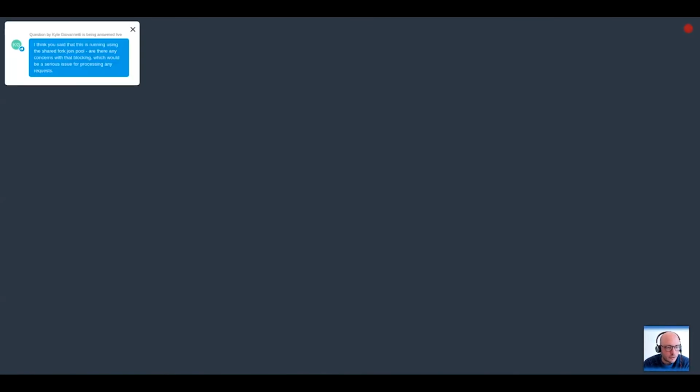I think you said it's running using the shared fork join pool. Are there any concerns with that blocking, which would be a serious issue for processing? As far as I understood from the OpenJDK folks, the only thing we must not do is block while doing I/O in a synchronized block, and that should be fine if we avoid that.